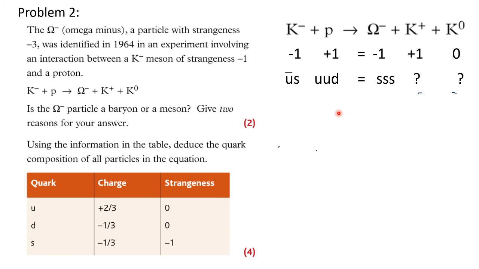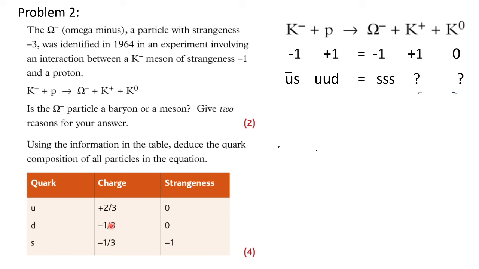Then quark composition. Now K meson is given with the strangeness of minus 1. So minus 1 means it should have one strange quark with the strangeness of minus 1. Then to make it minus charge, you can check the charge here. Strange quark has the charge minus 1 over 3.